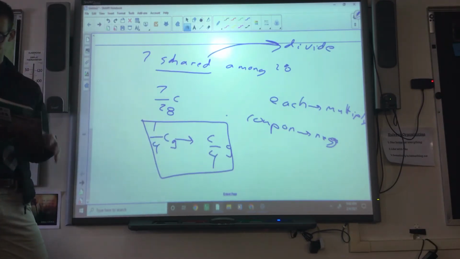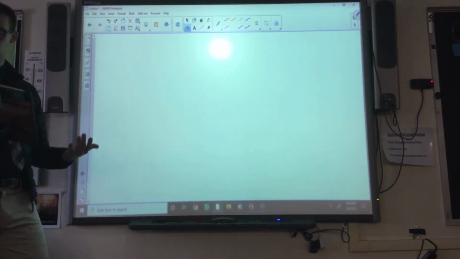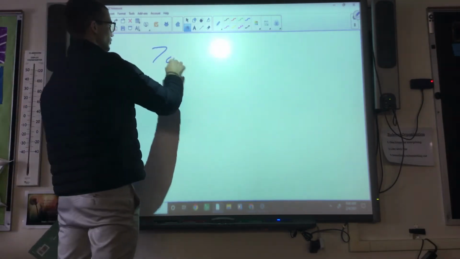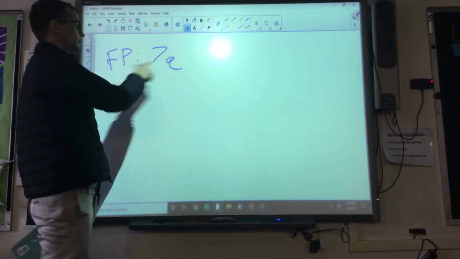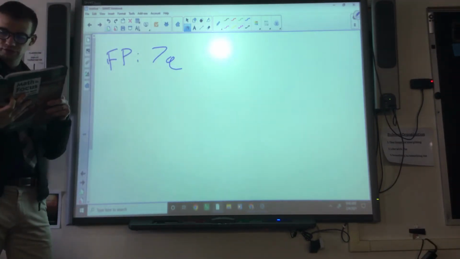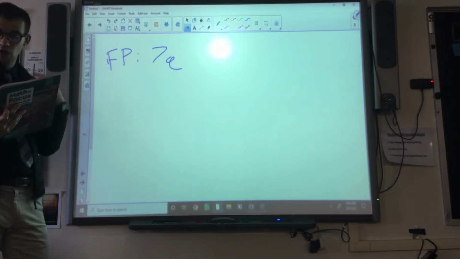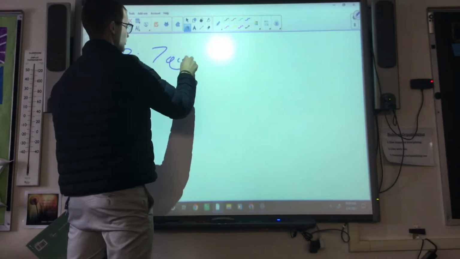Alright, example 16. A fruit punch makes 7 quarts. So I'm going to write that down, 7 quarts, and I'm going to write fruit punch over here. Fruit punch makes 7 quarts when made with R quarts of orange juice.